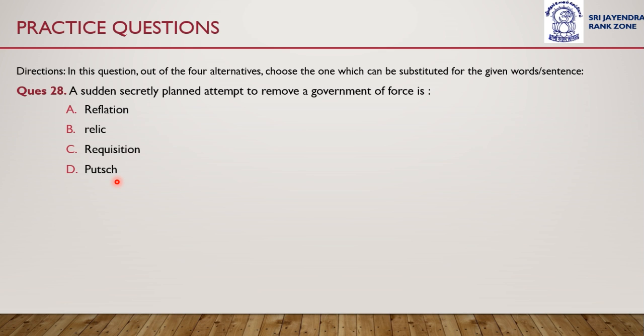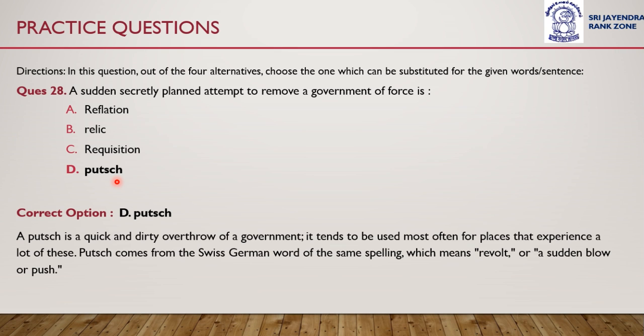The correct option is option D, putsch. A putsch is a quick and dirty overthrow of a government. It tends to be used most often for places that experience a lot of these.